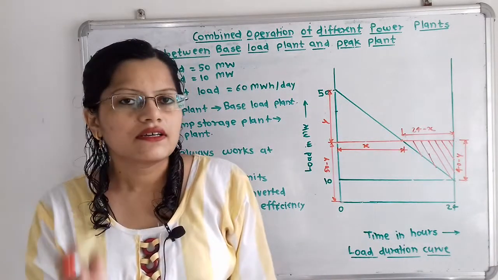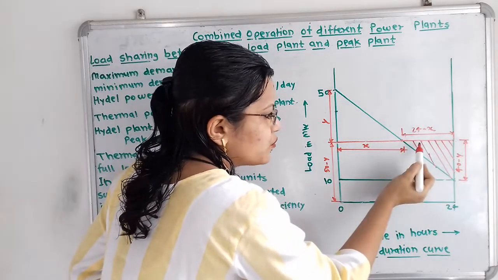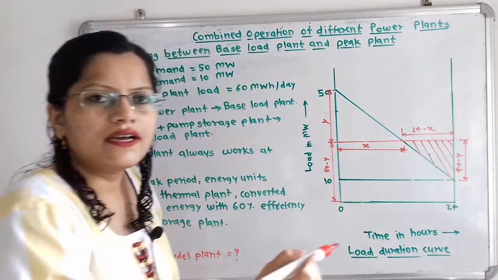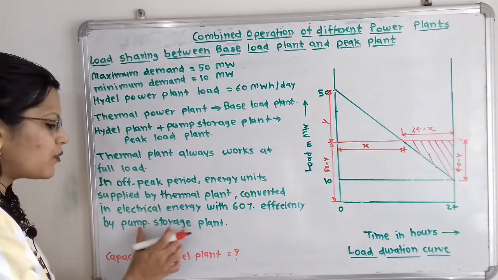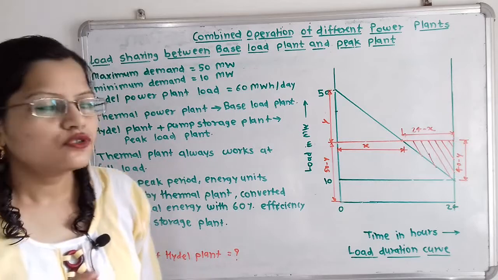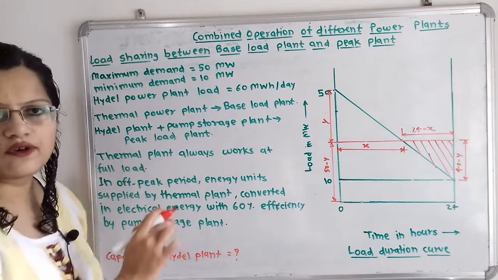Now again it is given that the energy units generated during this off-peak period are converted into electrical energy with the help of the pump storage plant. This pump storage plant and hydel plant work as a peak load plant.